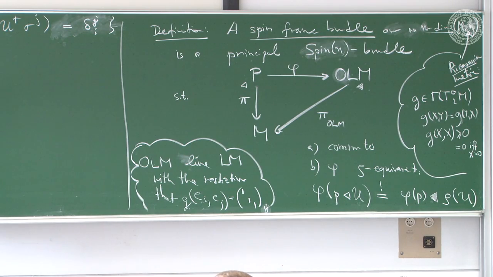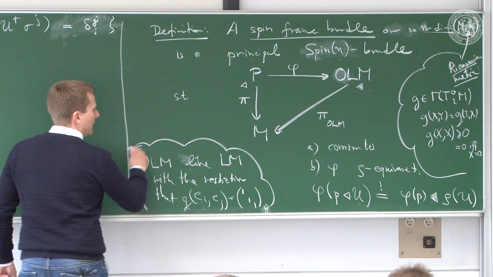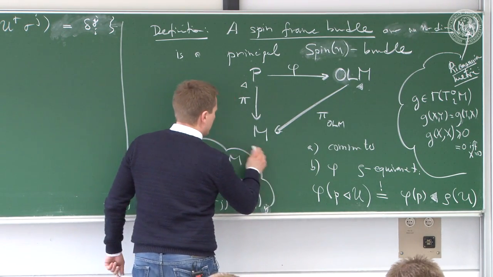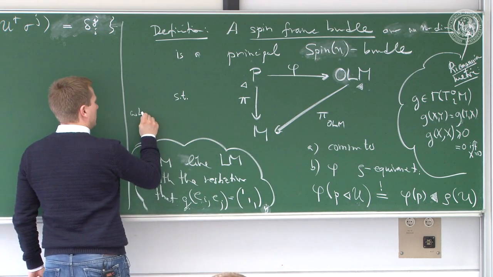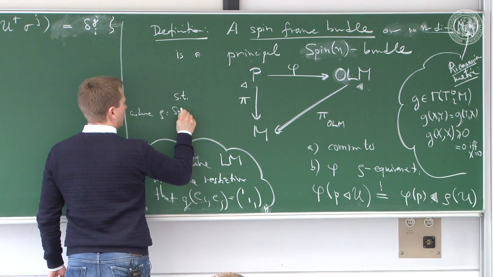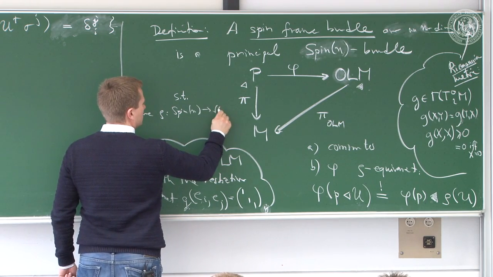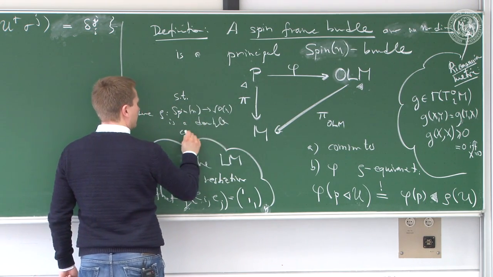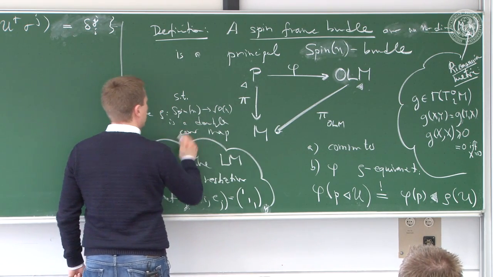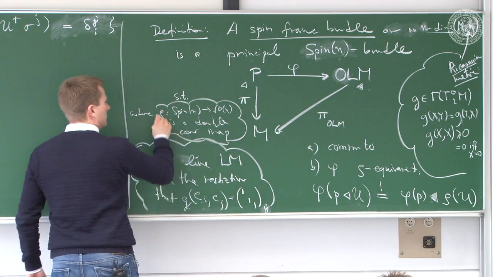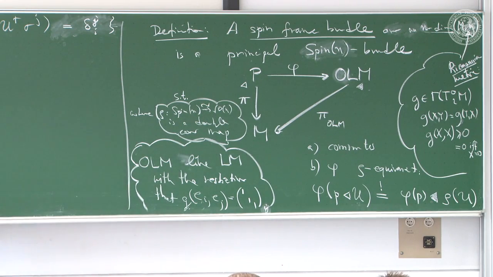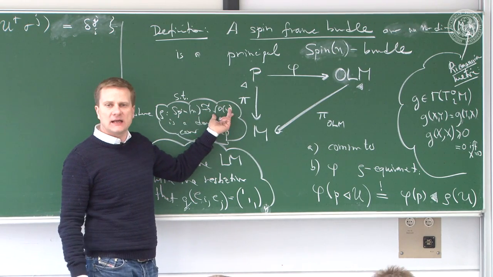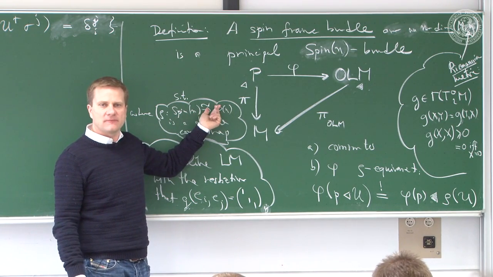So this is the case, where rho from Spin(n) to SO(n) is a double cover map, which does exactly what we constructed before for the special case of SU(2) to SO(3).